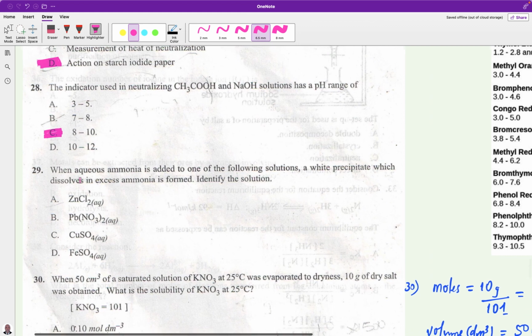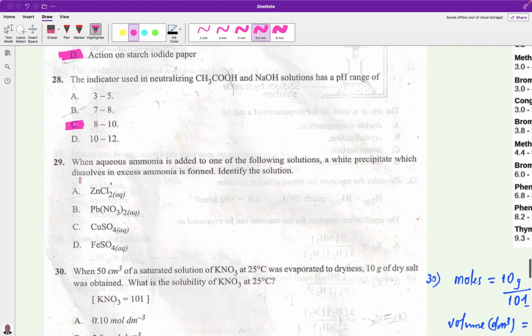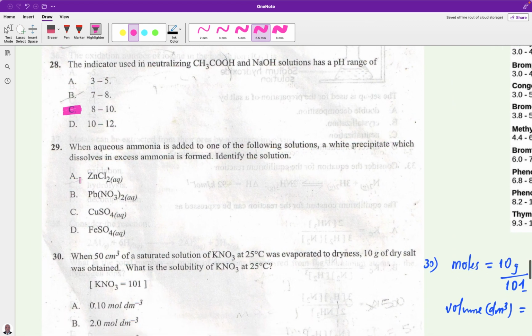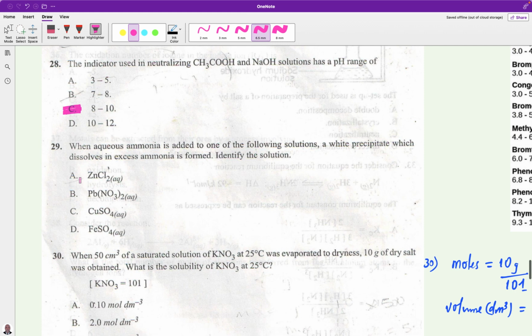29. When aqueous ammonia is added to one of the following solutions, a white precipitate which dissolves in excess ammonia is formed. Identify the solution.